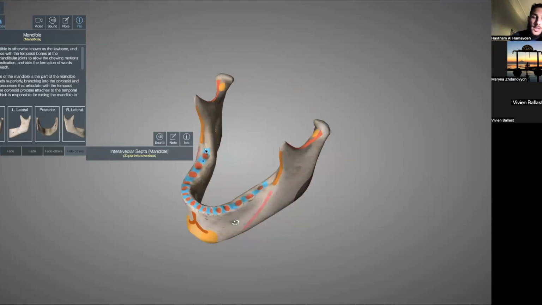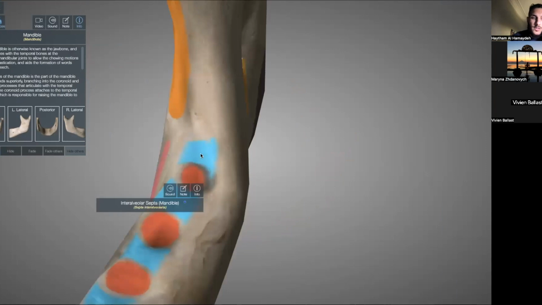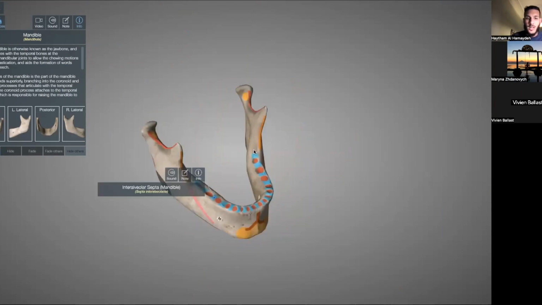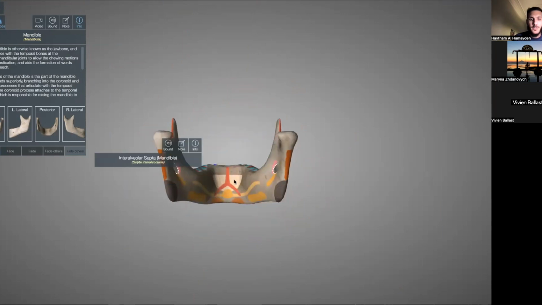It's called the retromolar fossa. Okay, and then finally, you have this surface, which is the sublingual fossa. The sublingual fossa.